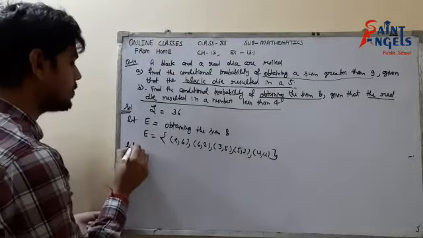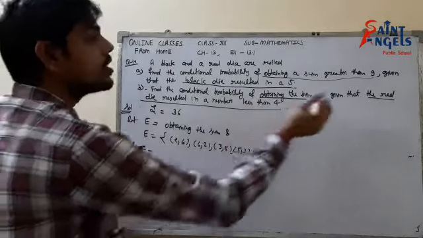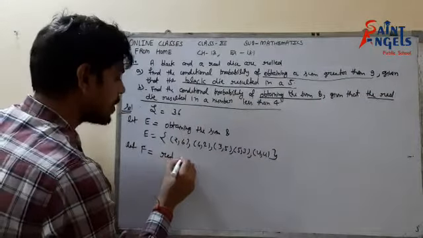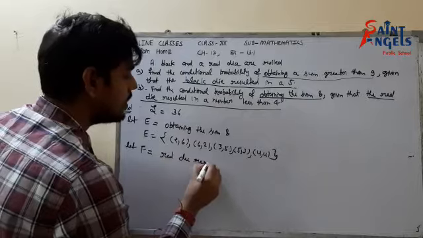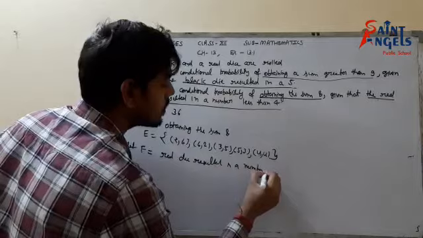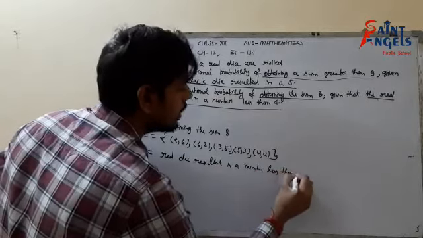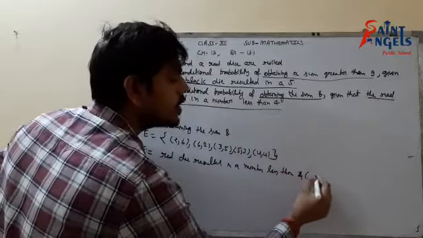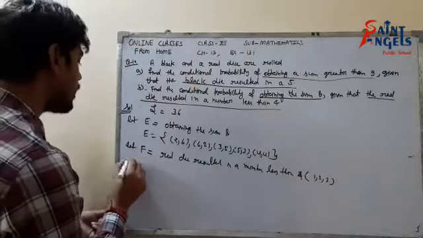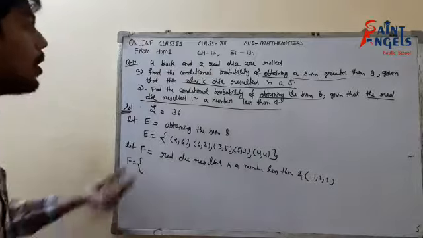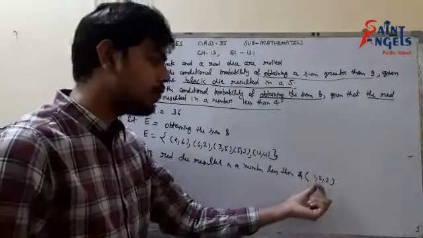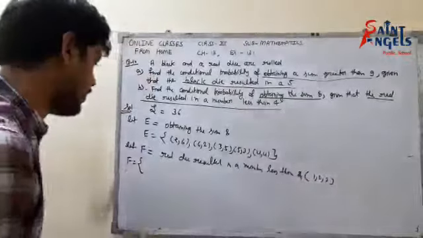Now let event F be that the red die resulted in a number less than 4. It means that on the red die there would be 1, 2, and 3 only. So this event F is: on the black die there could be any number, but on the red die the number would be either 1, 2, or 3.